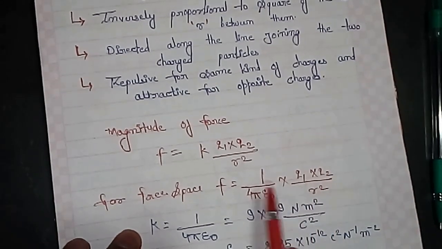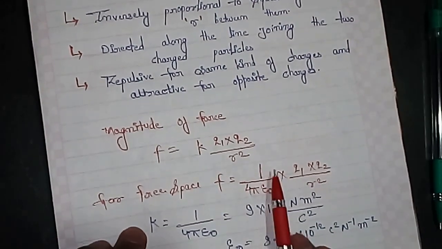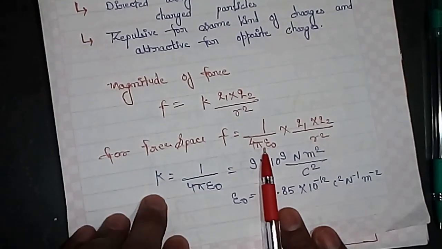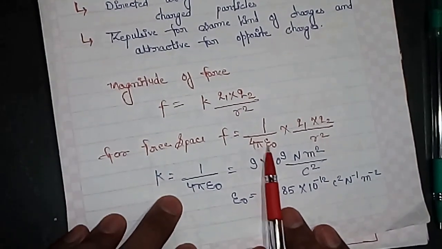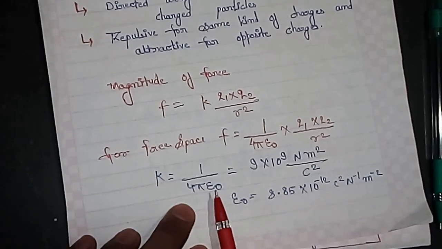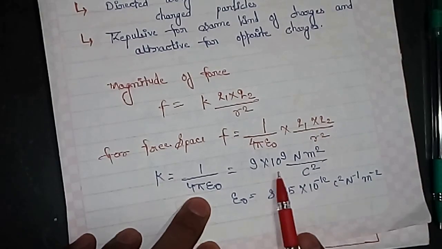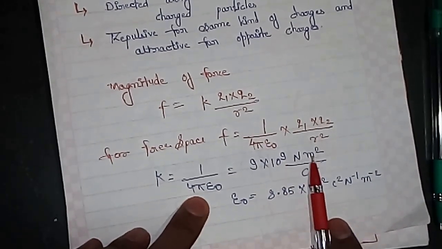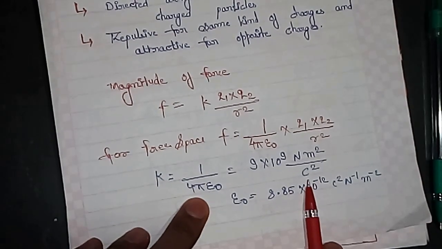So in free space the value of K, which is a constant, is 1 upon 4 pi epsilon naught, equal to 9 into 10 to the power 9 Newton meter square per Coulomb square.